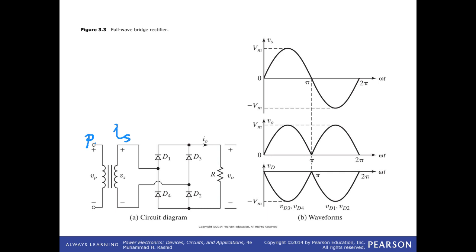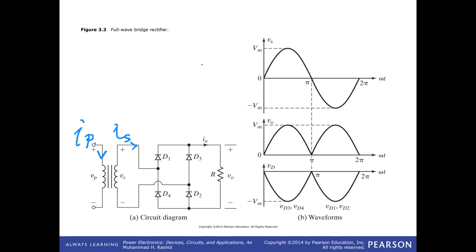I primary, I secondary. These are the reference directions of this one. So now we have to consider the system in detail. This is the supply voltage. Follow my cursor, please.